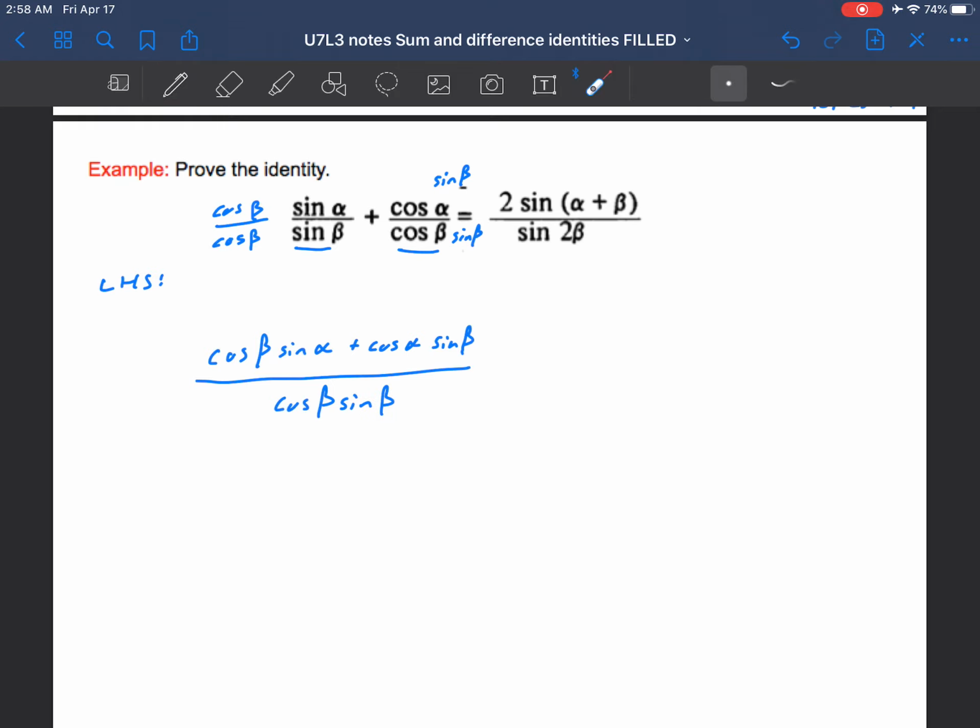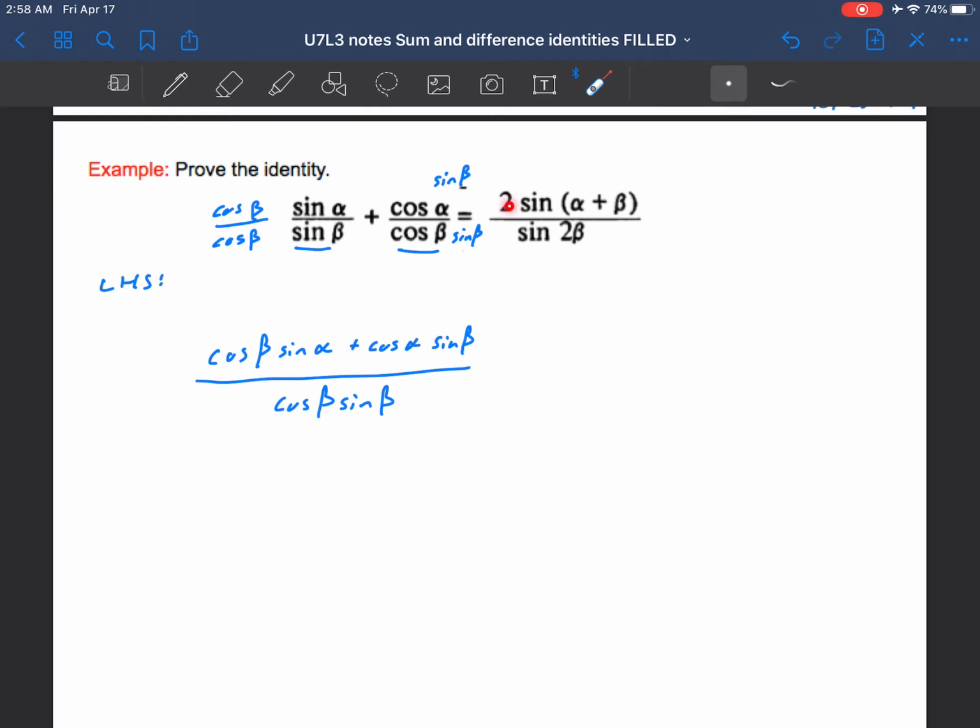Okay, now what I want to do is take the mouse and I would say, all right, sine of alpha plus beta, well, we just know what that is. That's sine alpha cosine beta, which is this, plus cosine alpha sine beta, which is this. Okay, the only difference is there's a 2 here.